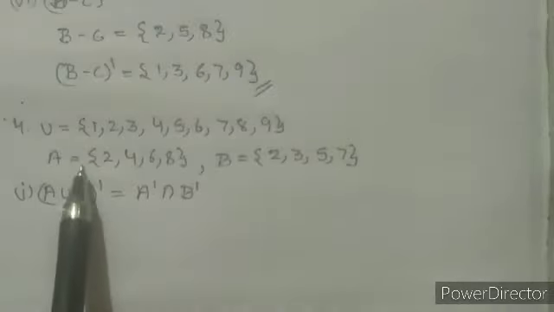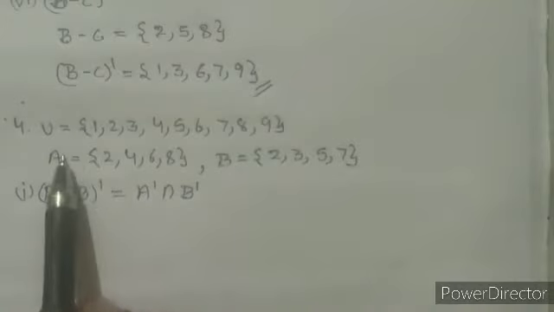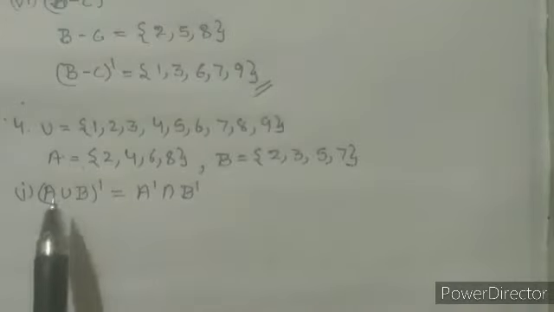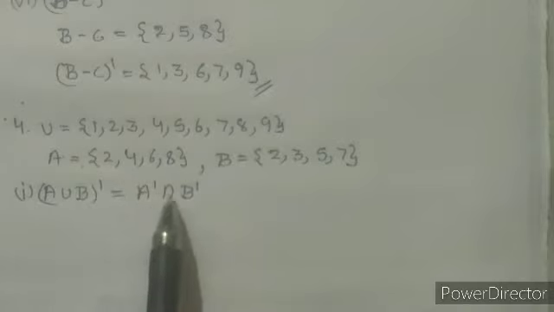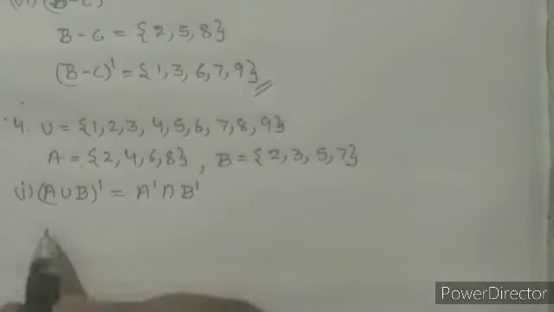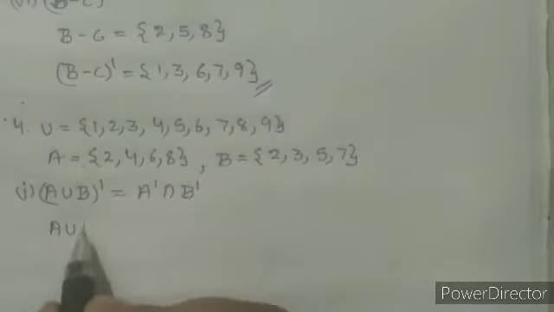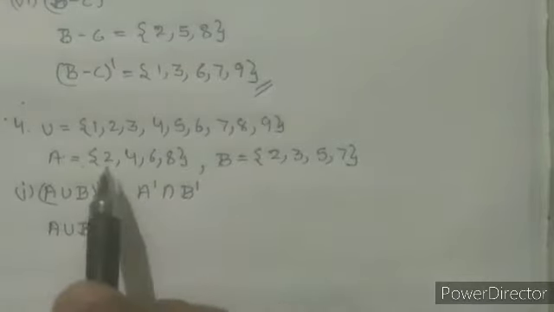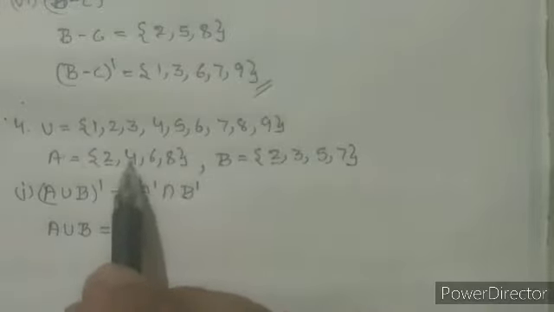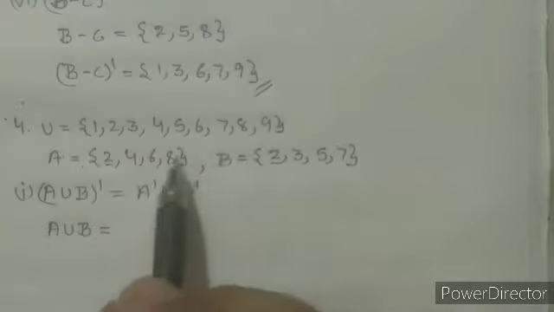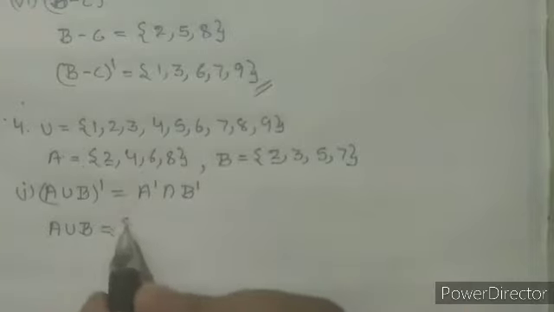Now in question 4th, universal set, set A and set B are given to us. We have to prove that A union B whole complement is equal to A complement intersection B complement. Now first of all, A union B will be equal to all elements of A and B, and the common element will come only once, and that is 2 here.